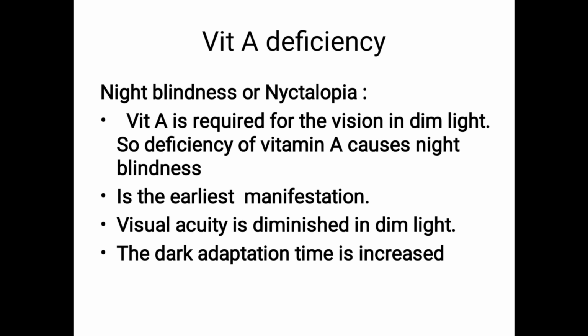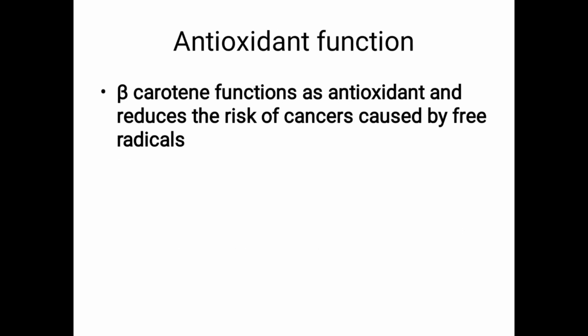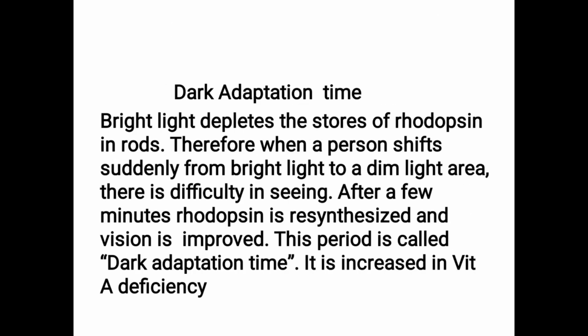So night blindness is actually the earliest sign of vitamin A deficiency. There we can see that visual acuity, that is sharpness or clarity, is diminished in dim light. So dark adaptation time is increased. What is dark adaptation time? This was already explained.